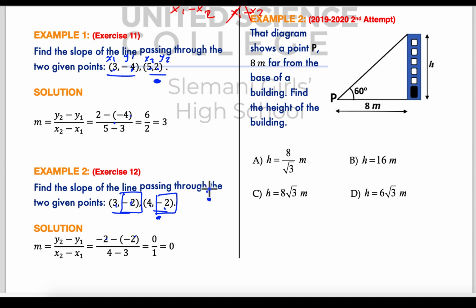There are 2 points sharing the same y value. When I connect them, I get a horizontal line. Remember, slope of a horizontal line is 0. You can use that idea or write the equation, reuse the formula.